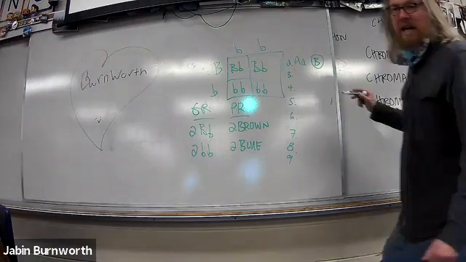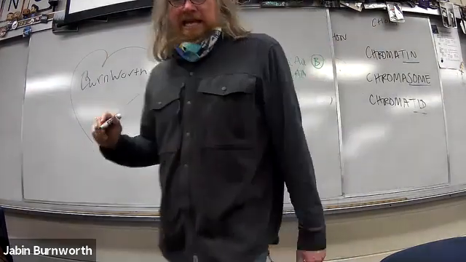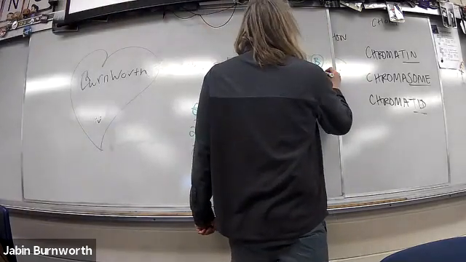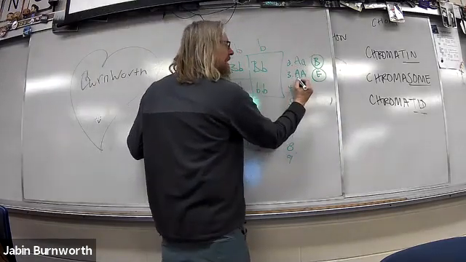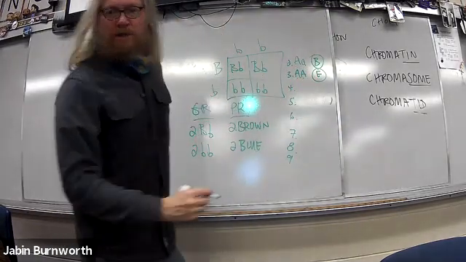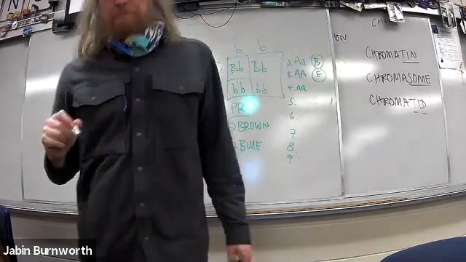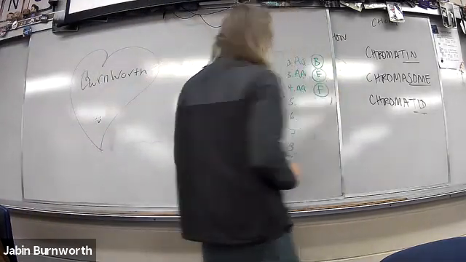Number 3 is big A, big A. Which letter? E is correct because that is homozygous dominant. Homo because I've got big, big, dominant. Now what do I do for little a, little a? F is correct because F is homozygous recessive.